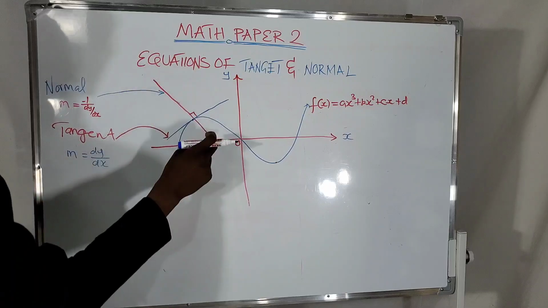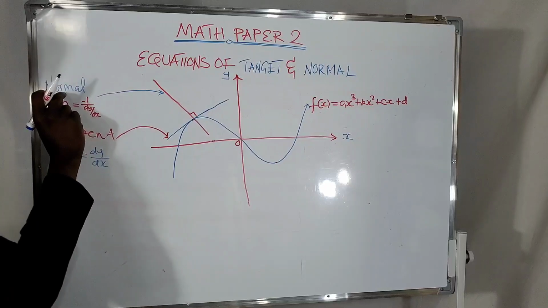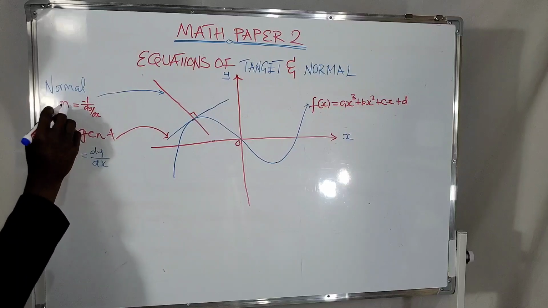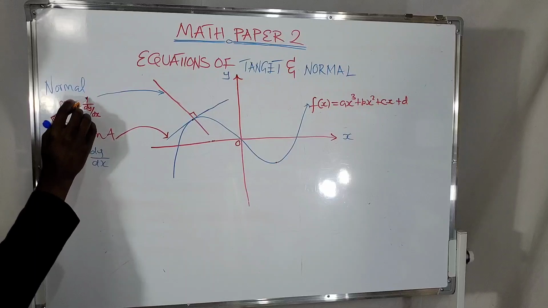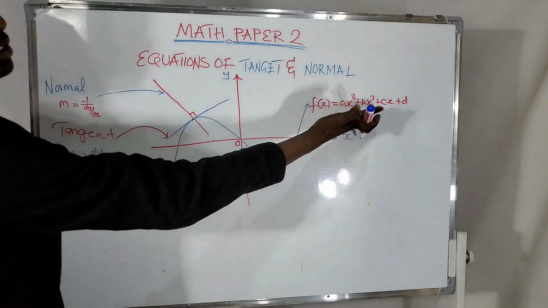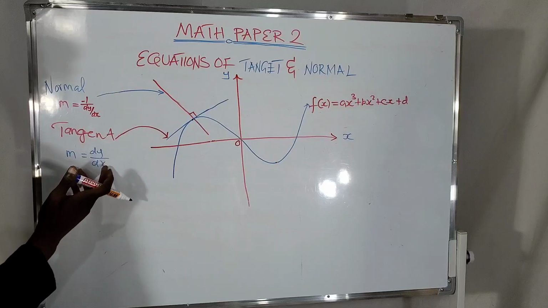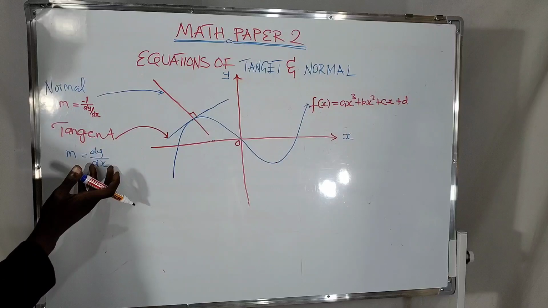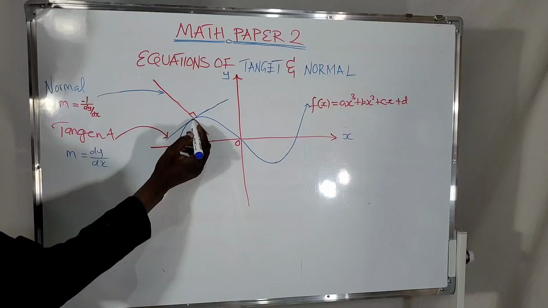The line that is perpendicular to the tangent to the curve is called the normal line, and to find its equation, the gradient is m equals negative 1 over dy/dx, the derivative of the function. For a tangent, you don't include the negative; you just solve dy/dx for the gradient at that single point.